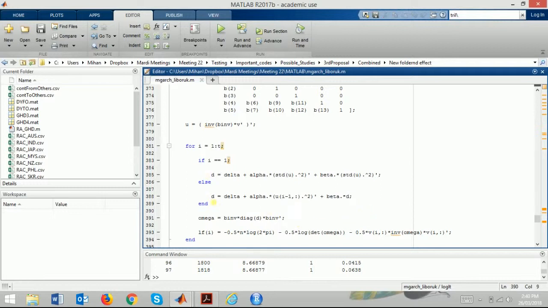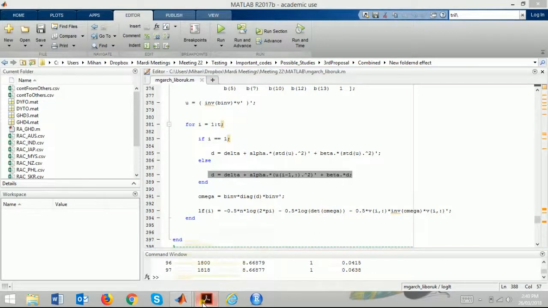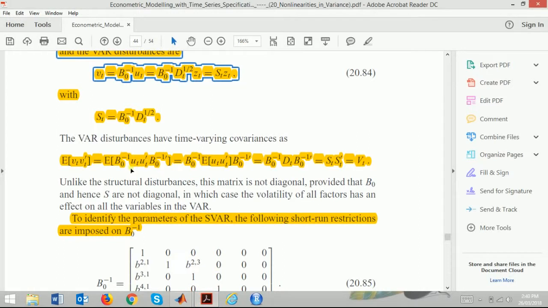It's updated automatically. Omega is beta inverse diagonal beta inverse, beta naught transpose. So beta naught transpose beta naught D diagonal. So this is it. This is omega. Okay, they are calling it omega. Beta into D.